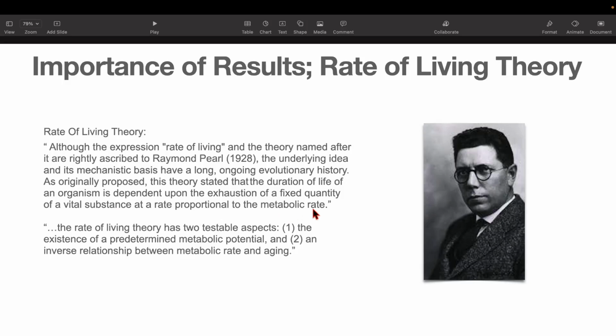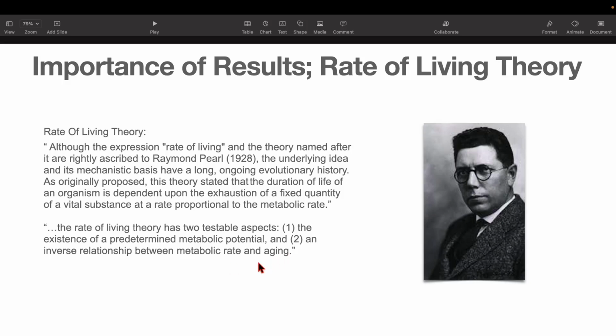So essentially, the metabolic rate is slowly eating away at this vital substance. We don't exactly know what that vital substance is, at least in the context of this theory. Furthermore, they say the rate of living theory has two testable aspects: the existence of a predetermined metabolic potential and an inverse relationship between metabolic rate and aging, aka the higher the metabolic rate, the quicker the animal aged.